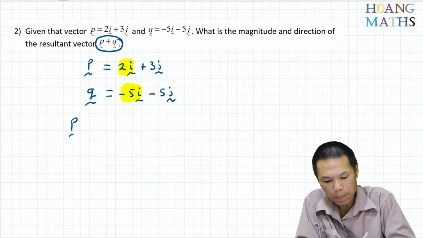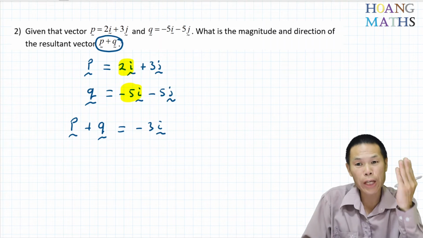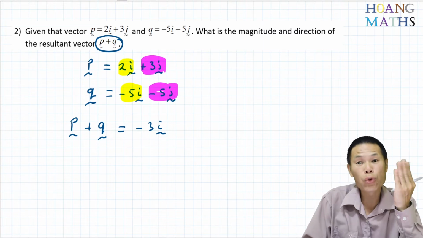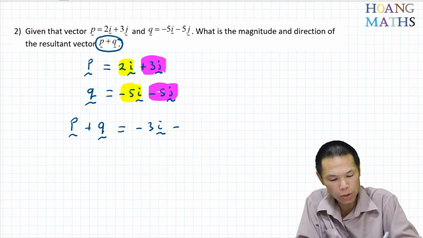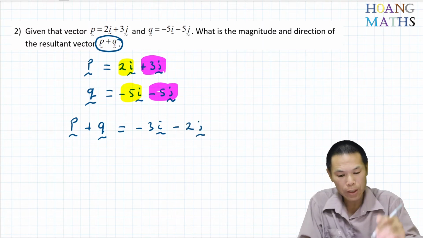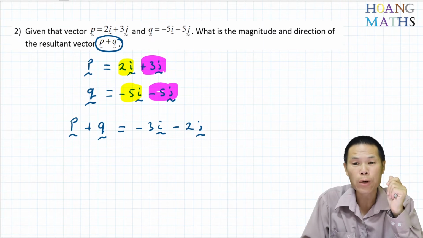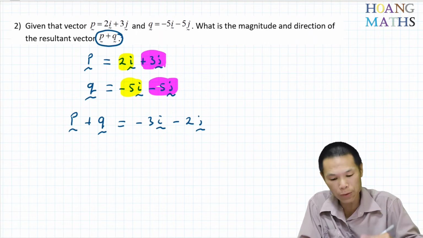So P plus Q is equal to negative 3i. And then for the j component, that is 3 plus negative 5. So 3 minus 5 is negative 2. So that is minus 2j. That is the resultant vector, P plus Q. To work out the magnitude, we just use Pythagoras theorem.